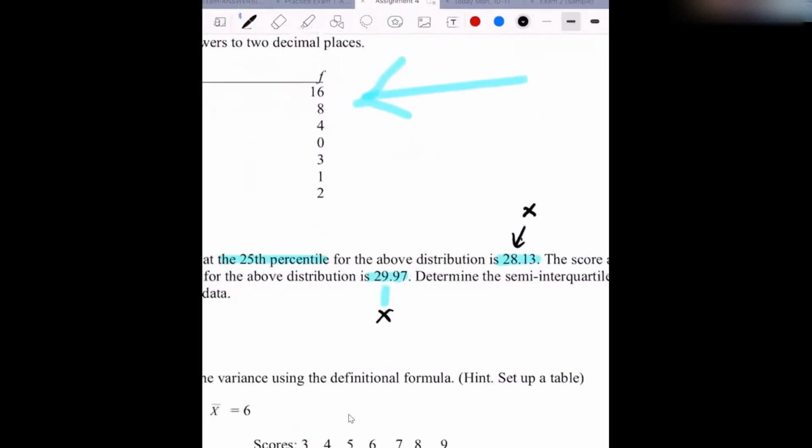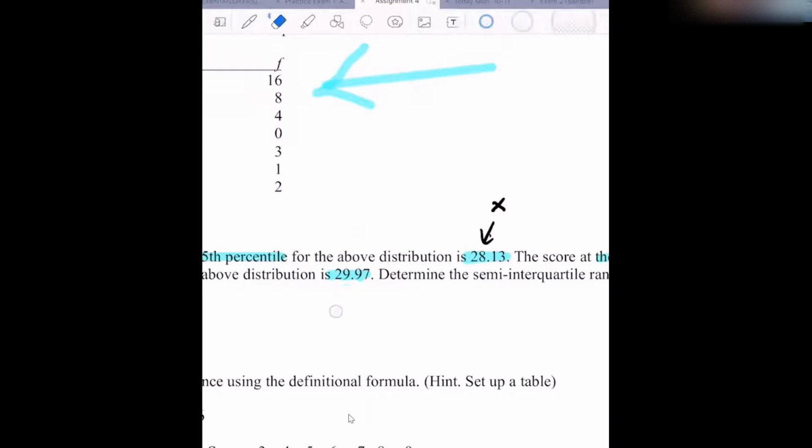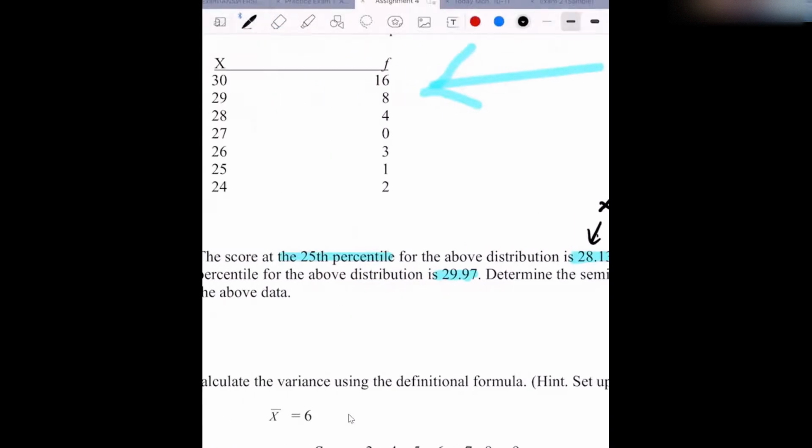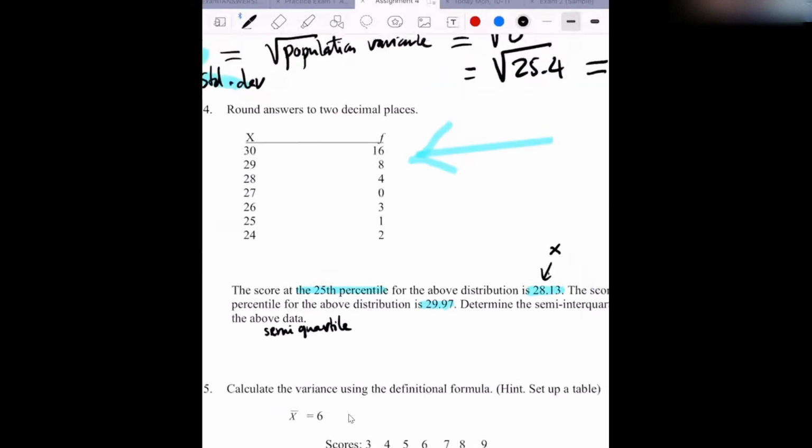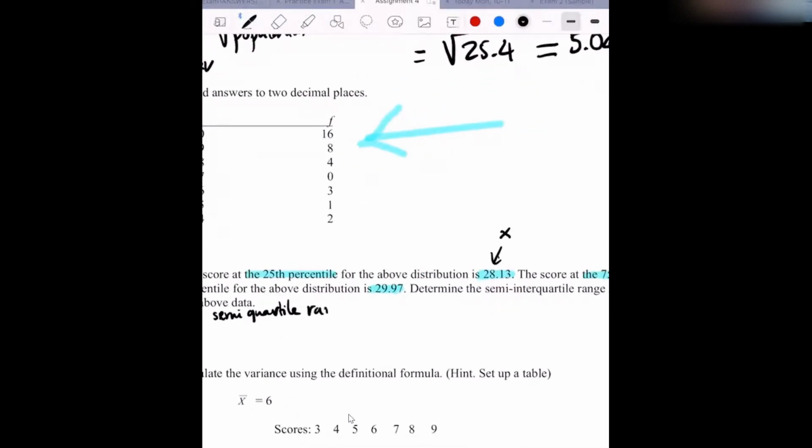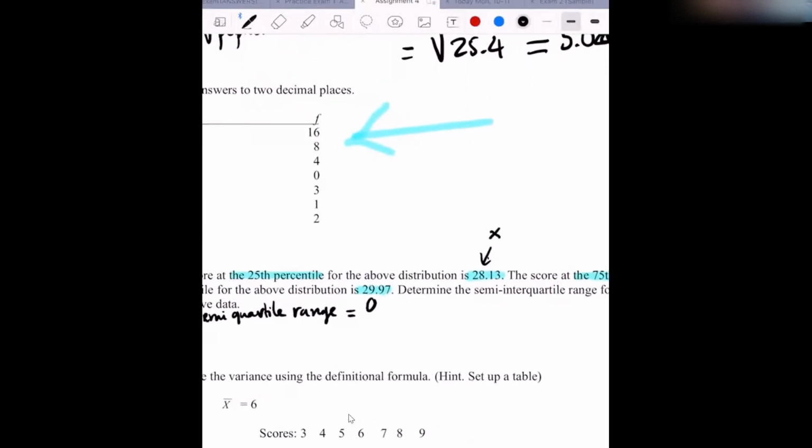So the formula for the semi-interquartile range is equal to Q3 minus Q1, over 2. You just take the average of Q3 minus Q1. And that's it. Go ahead and try it for me to see what your answer is.